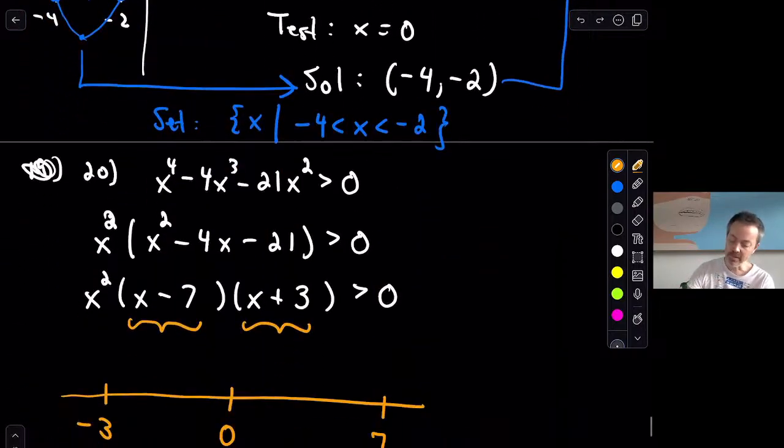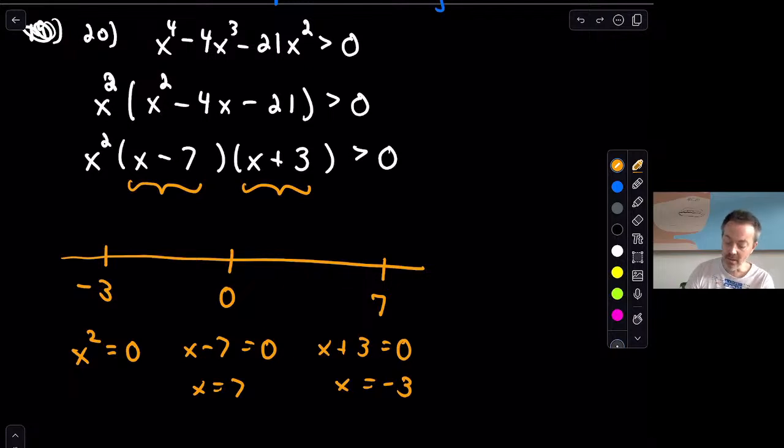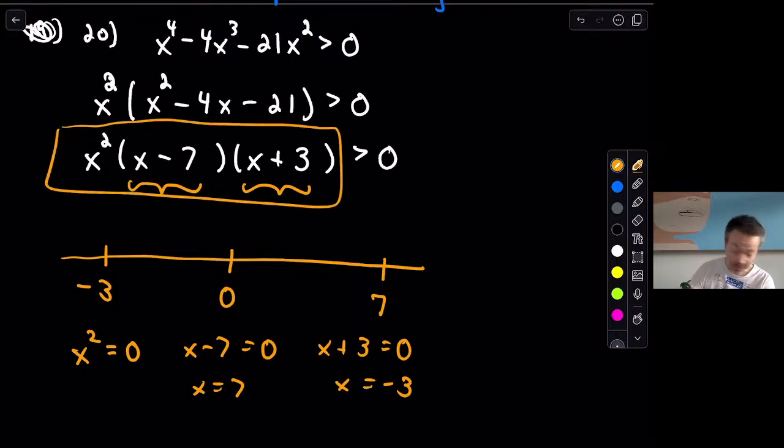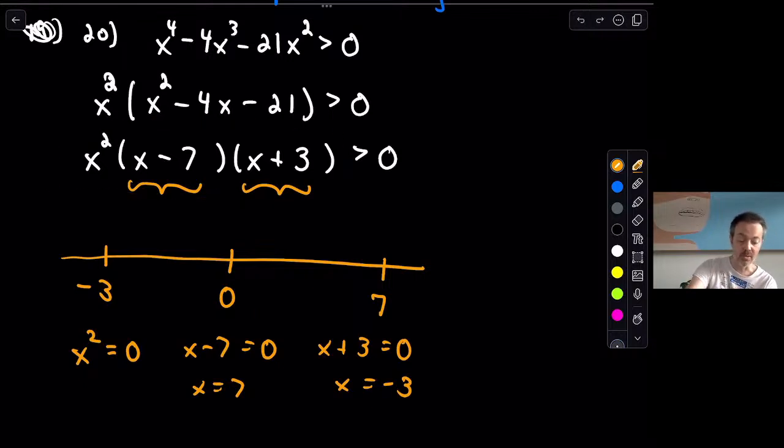Notice negative 3, 0, or 7, all of those are going to give you 0. 0 is not greater than 0, just like the last question. We had less than in that case, but again, negative 3 won't work, 0 won't work, 7 won't work.